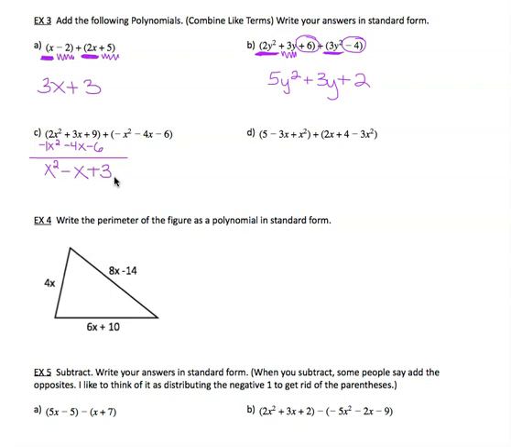Remember to make sure that even if your originals aren't in standard form like these ones were here, you need to put them in standard form. So I'm going to go ahead and do that here. This first one is not in standard form, so I'm going to do x squared minus 3x plus 5.